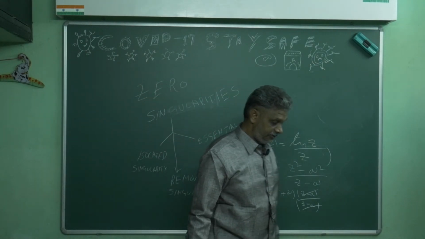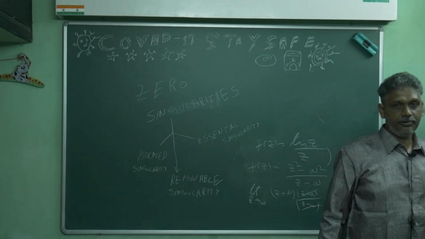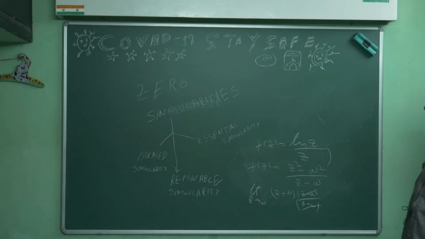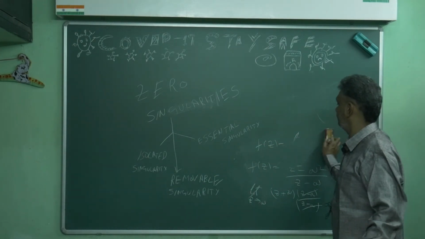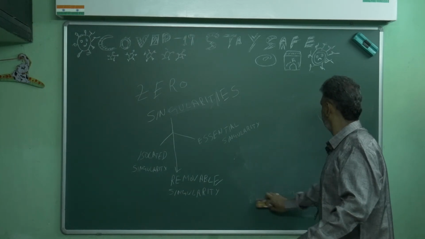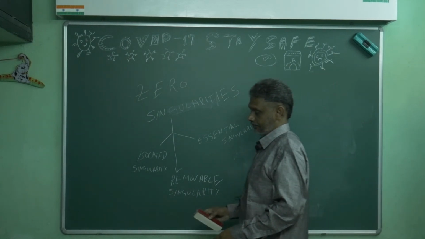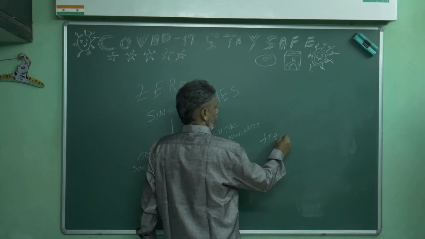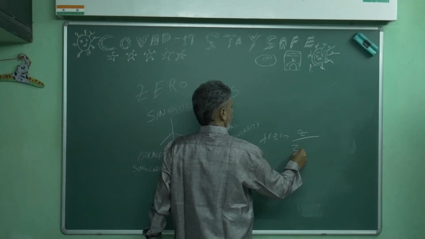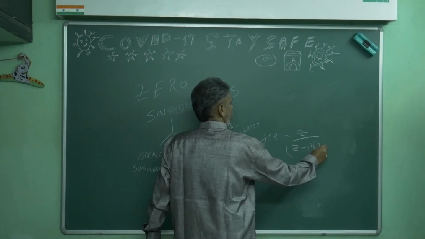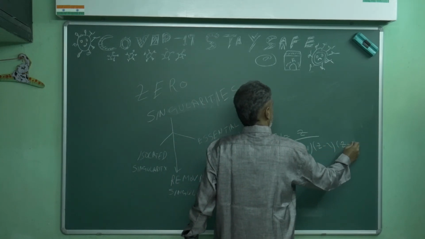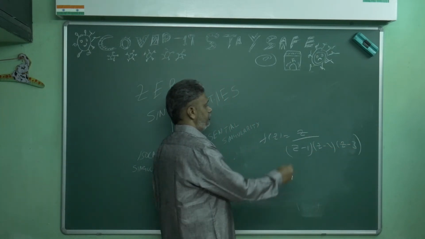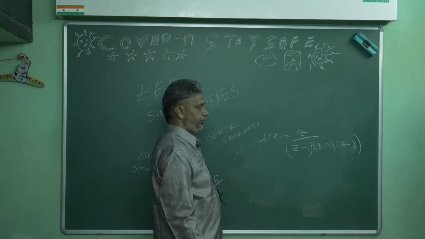Now, isolated singularity okay, removable singularity okay, then essential singularity. Oh sorry, before going to essential singularity I want to tell about poles. Suppose f of z is equal to 1 by z (z minus 1)(z minus 2)(z minus 3). Z equal to 1, 2, 3 are all simple poles, poles of order 1.